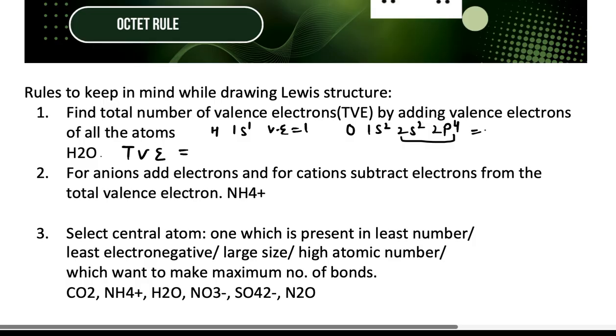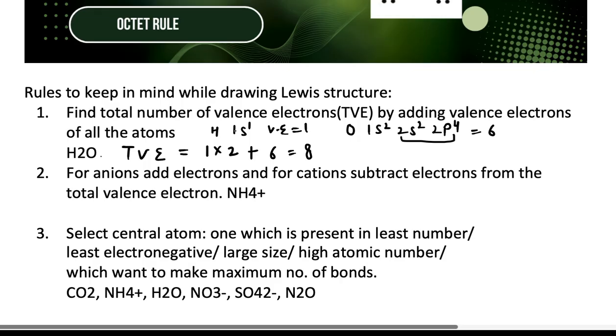So its valence electron is 6. So what will be the total valence electron for water? It will be 1 multiplied by 2, since we have 2 hydrogens, plus 6 electrons of oxygen, that is total 8. So in case of water, total valence electron is 8.